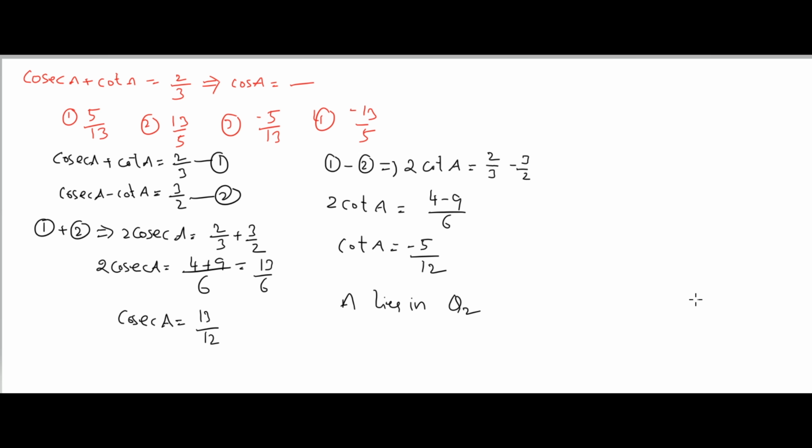Now we find the value of cos A. So cos A is written as cot A by cosec A. From these two equations, cot A is minus 5 by 12 divided by cosec A is 13 by 12. 12 cancelled. Therefore cos A is equal to minus 5 by 13. That is, the third option is the correct answer.